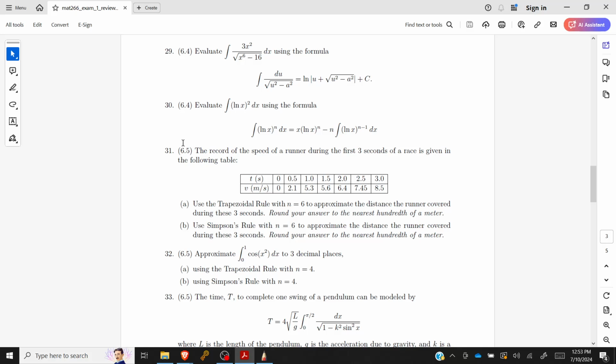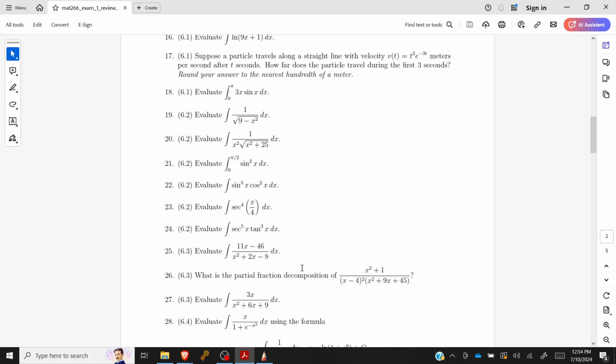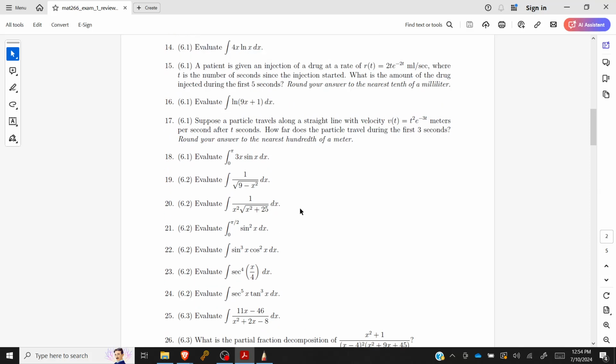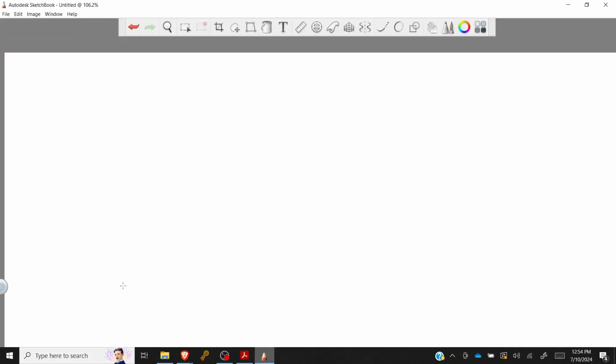And then these are all evaluating definite integrals or doing estimations. You guys have the review in front of you. You can pick one that you'd like me to do. Otherwise, I'm just going to find another trig sub question online to walk us through.